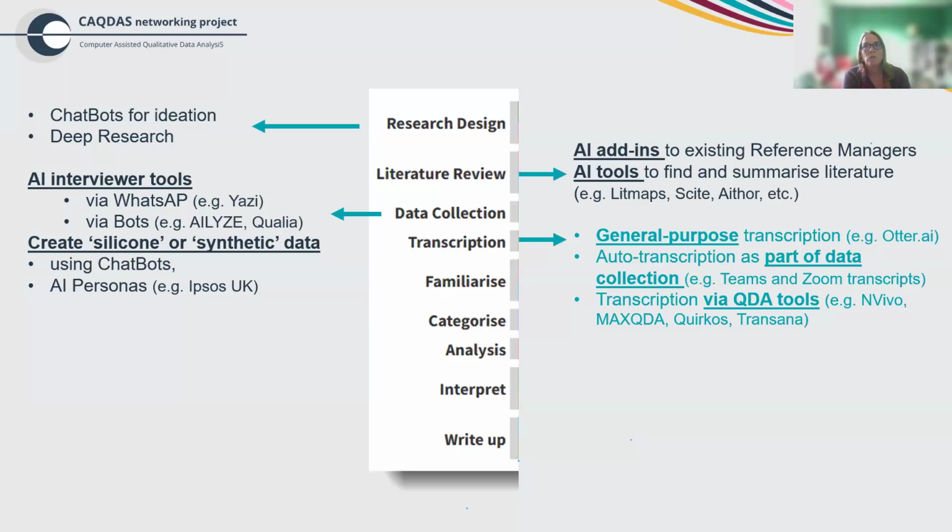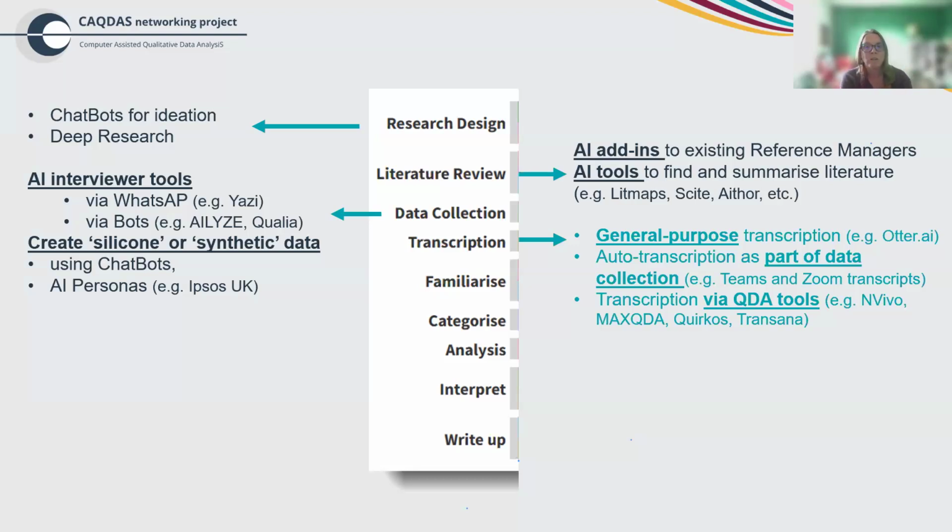So Transana, for example, you can choose whether you want to use one of three models based on whether you prize the accuracy of the transcript, the speed with which it's generated, or the security of your data.